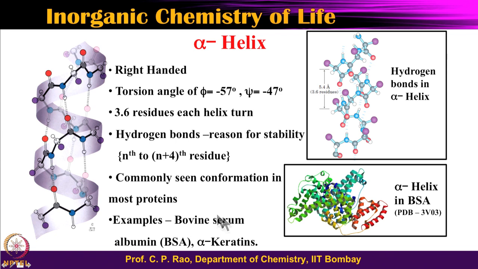The example shown here on the right side is bovine serum albumin. The same thing, if I put color, will look like this. There are different colors because they are coming from different regions; you do not need to worry at this stage why the color is different. All you need to see is the spiral, and this spiral is nothing but helical. These are alpha helical.